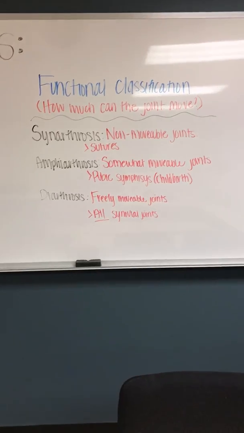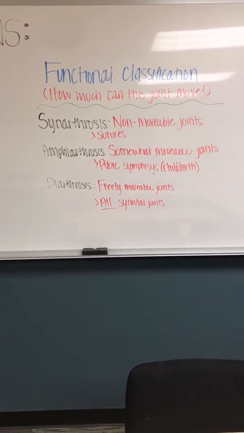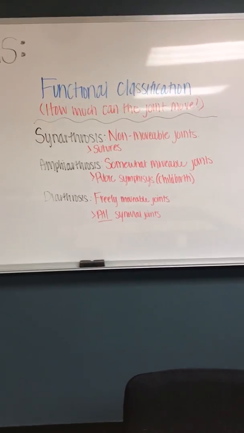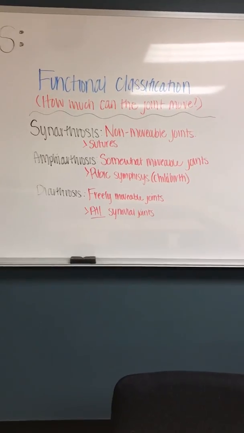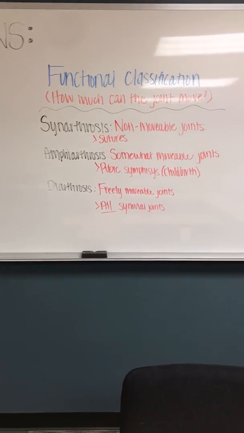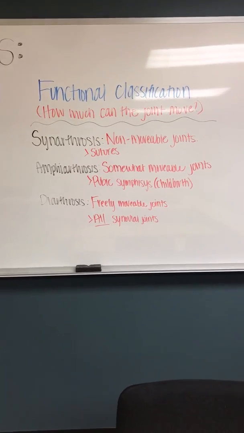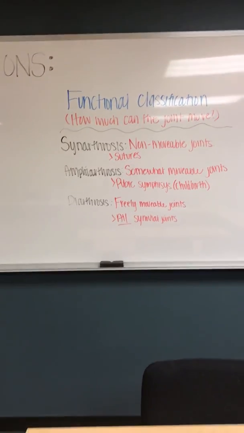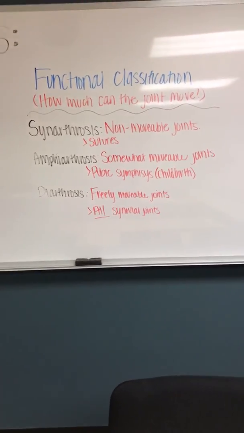And then we have amphiarthroses, which are somewhat movable joints, such as our pubic symphysis in women during childbirth. That joint moves slightly to allow the baby's head to pass through. And then lastly, we have our diarthroses, which are our freely movable joints.